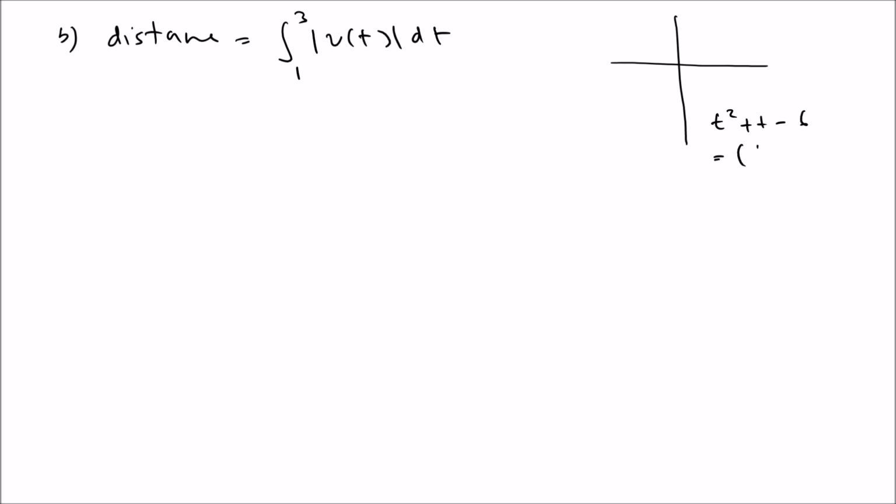You can factor this as (t plus 3)(t minus 2). So that means you get zeros at -3 and 2. At those places it gets 0. So there's a 0 there and another 0 at 2. If you look at the graph, it's going to go like that, to 0 and come back. That's the 2, and then you can see this is 1 and 3.